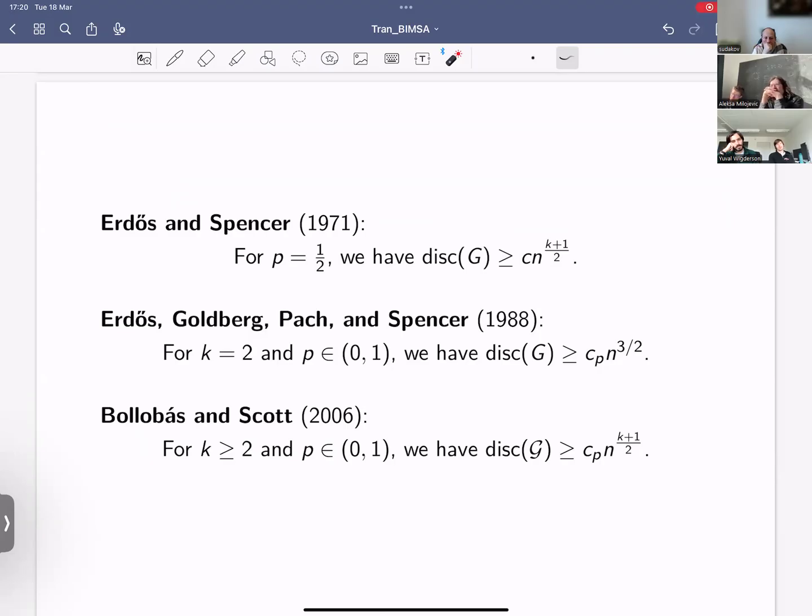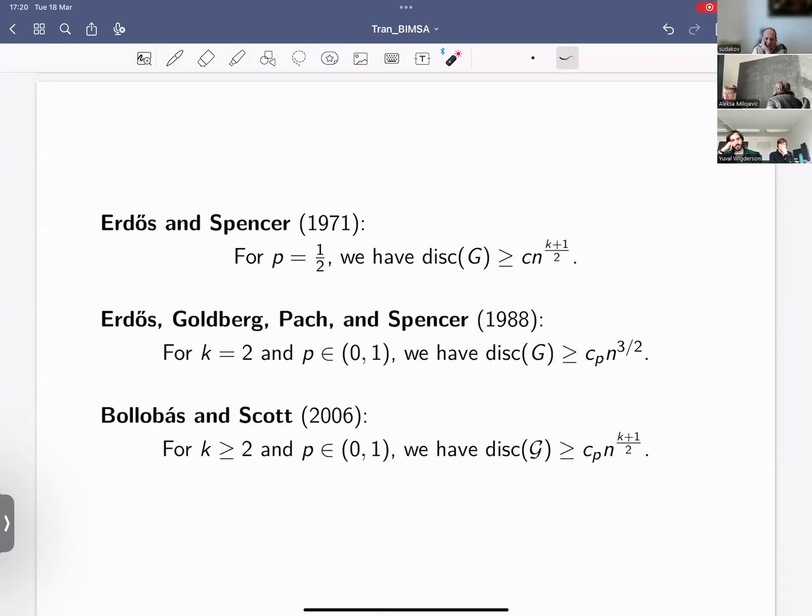In the graph case, that is when k equals 2, this result of Erdős and Spencer was extended to all densities by Erdős, Pike, and Spencer.